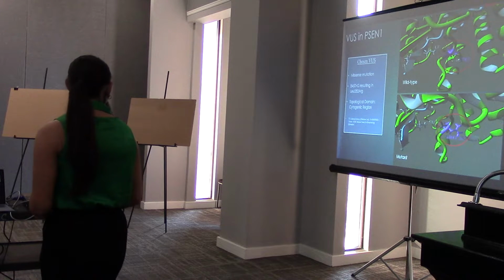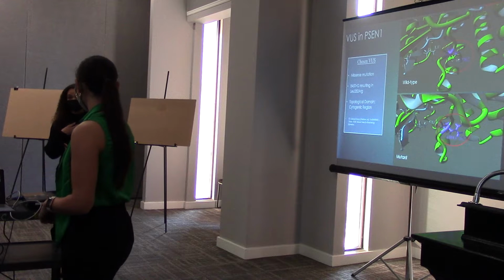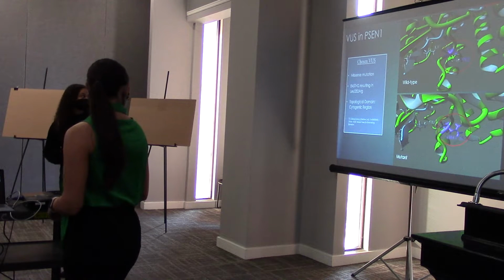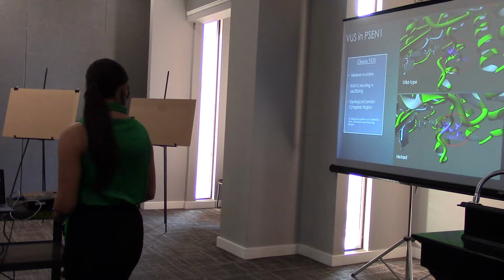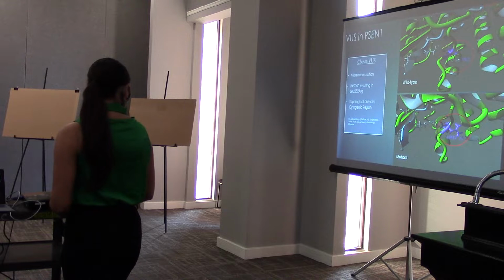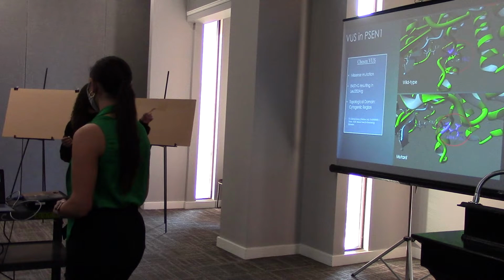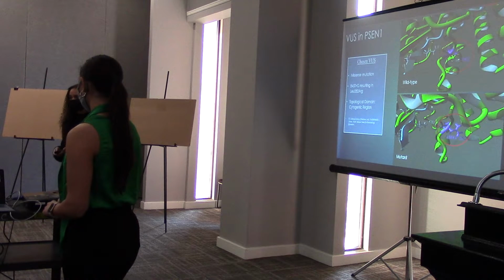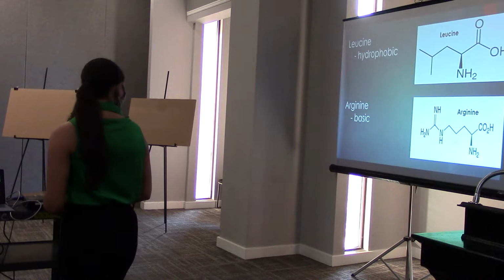This is important because you can see the interaction between not only the variant that we picked, but the actual substrate itself that we were concerned with. Again, the topological domain is the cytoplasmic region, and in the bottom right-hand corner, you can see the arginine residue and how that changed in relation to the leucine residue on the APP.